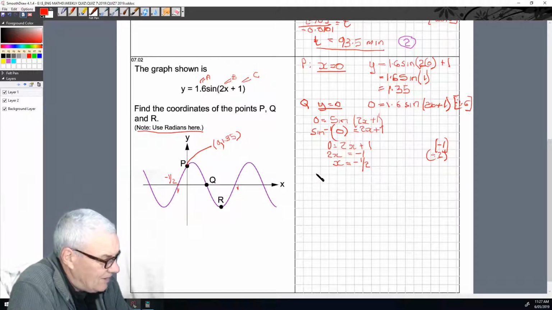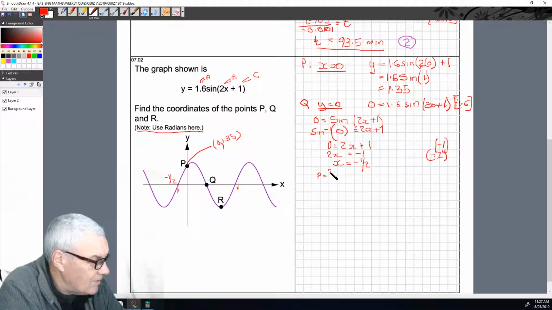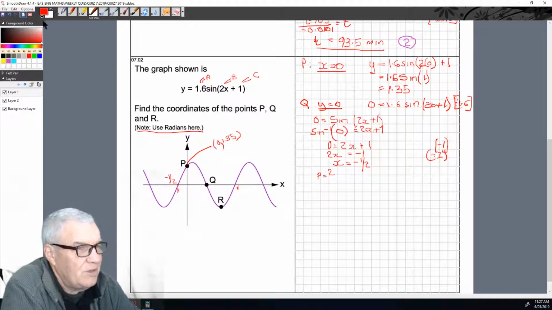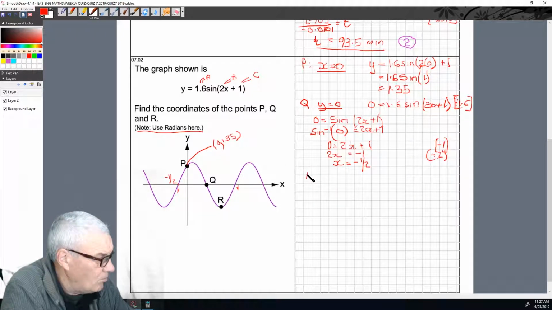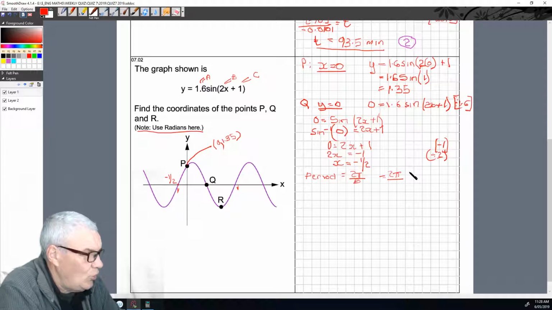Well, from our formula sheets, period equals 2 pi over B, and B is 2 in this case.